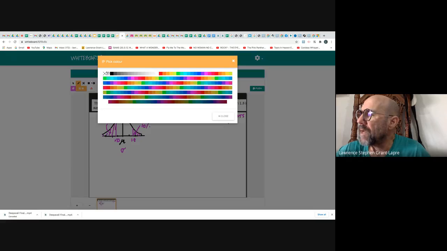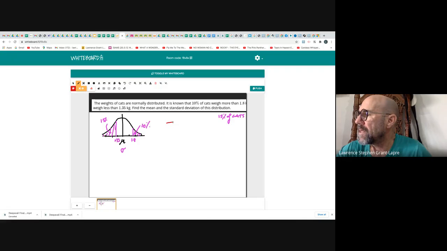Now, the trick here is this formula: Z equals X minus mu, that's your deviation, divided by the standard deviation. The Z-score is the number of standard deviations. Now you've got two situations, one where the area is 10% and the other where the area is 15%.